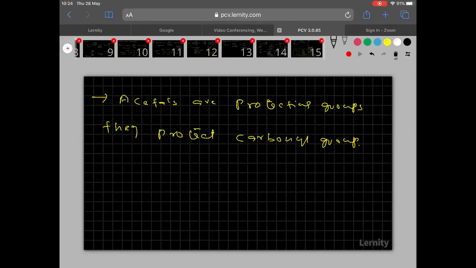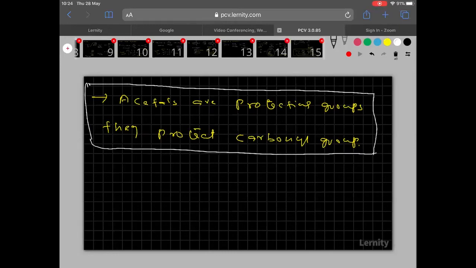So this is one important statement, remember, regarding acetals. Acetals are the protecting groups. They protect the carbonyl group.